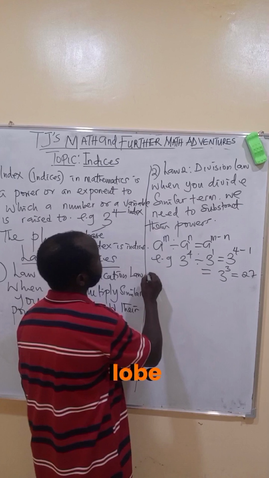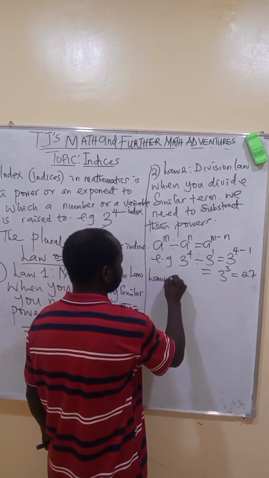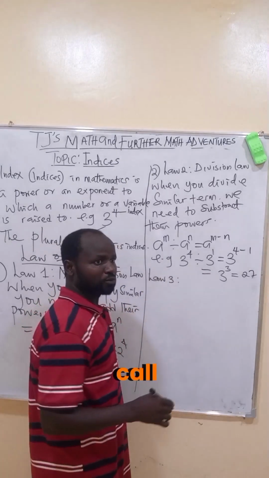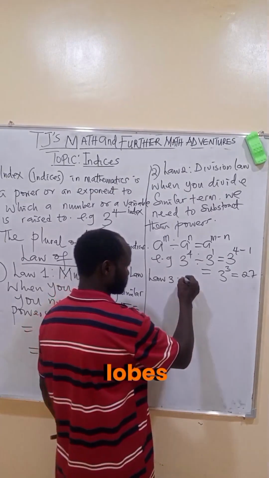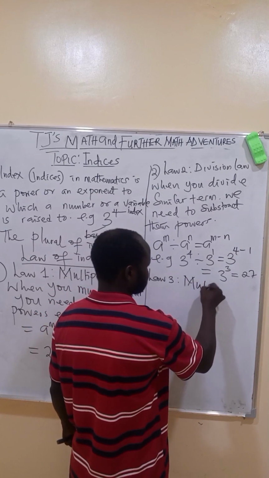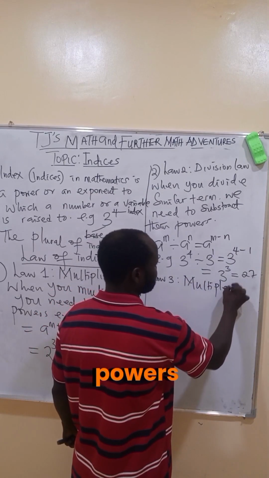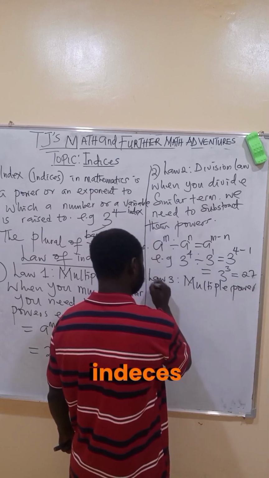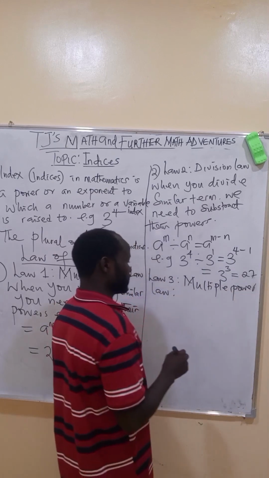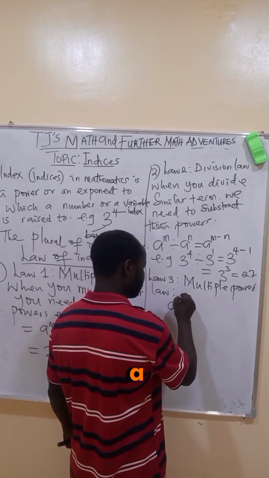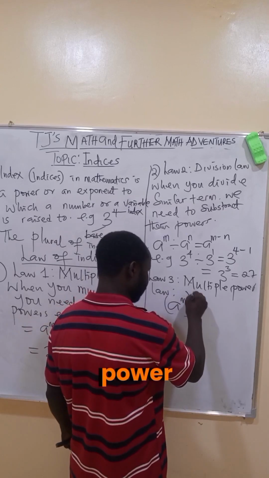Then the third law of indices is what we call multiple power law. Let's say we have a power m all in power n.